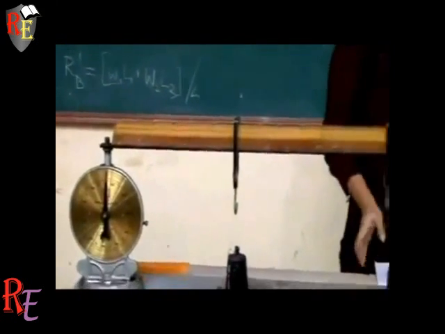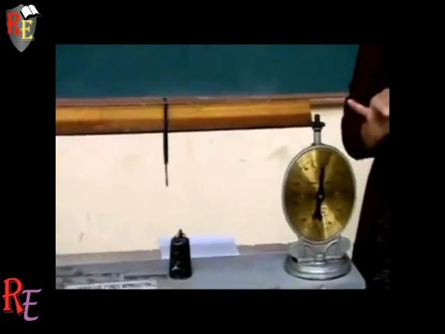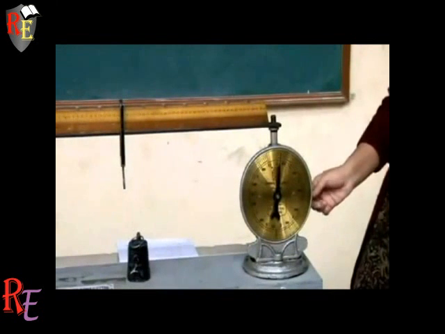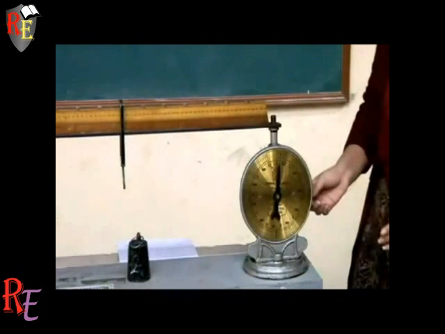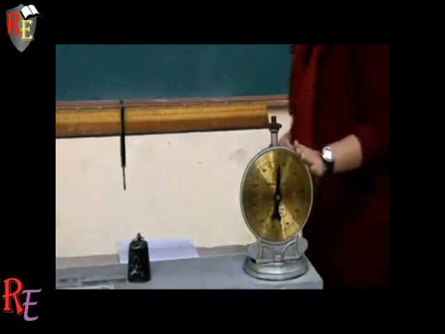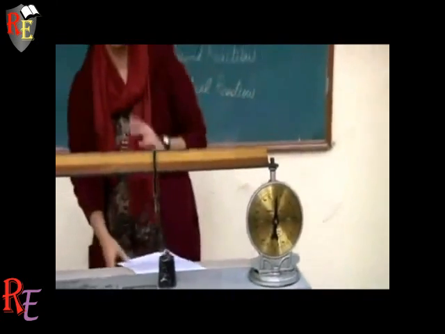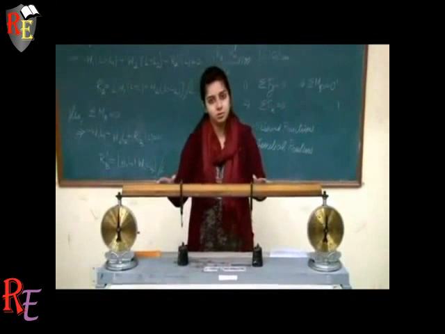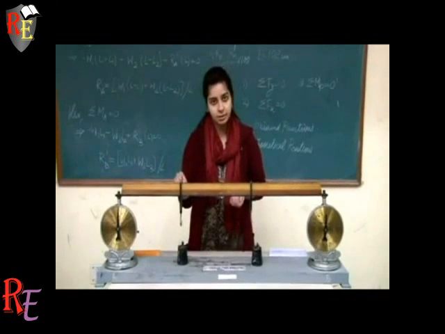But we tend to start our experiment by adjusting these needles to point 0, which can be done easily by just rotating the screw at the end of these spring balances. By doing this, we have made 3 different changes. First, we have neglected the weight of this rigid beam as well as these hangers.